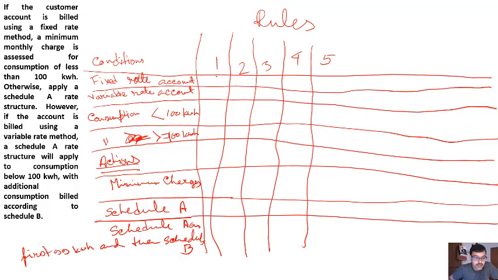The first is if it is a fixed rate account. If it is a fixed rate account, select this, and the consumption is less than 100. In that case, minimum charges are applied. So we will put a tick in the case of conditions, or you may write true, or you may write on.